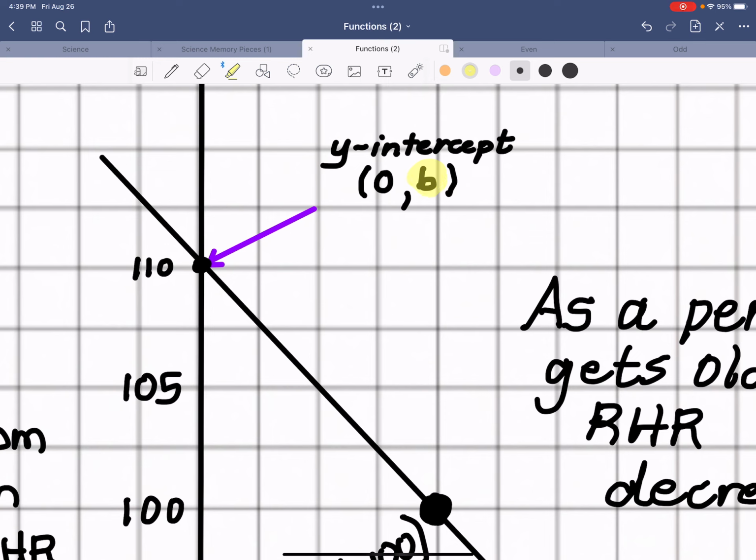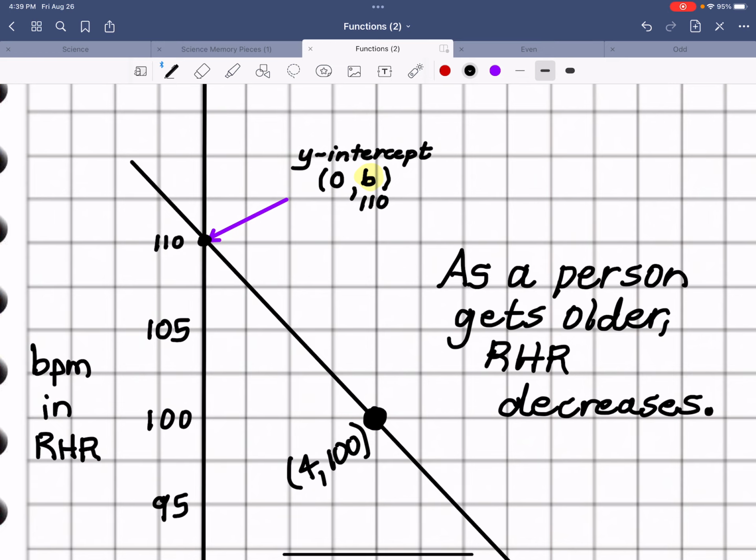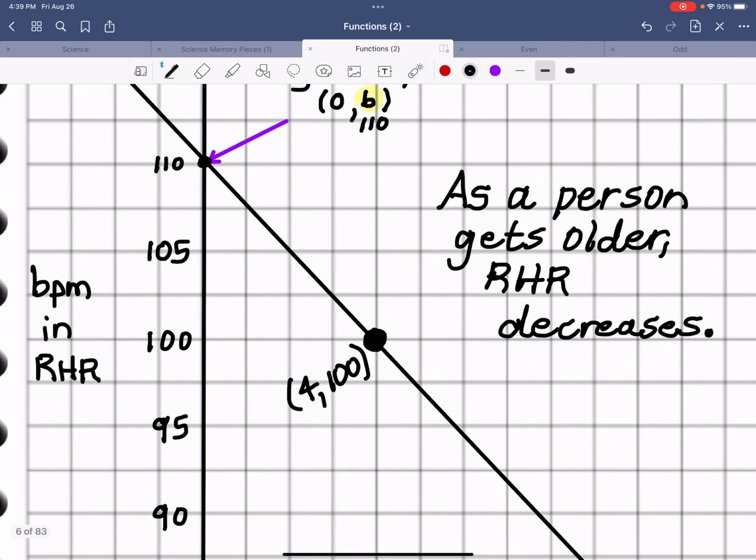That is the point, and I believe it's about 110. I actually know it is because I did the formula in another thing, and it is at 110. So at 110 beats per minute is where the y-intercept lies on this graph.